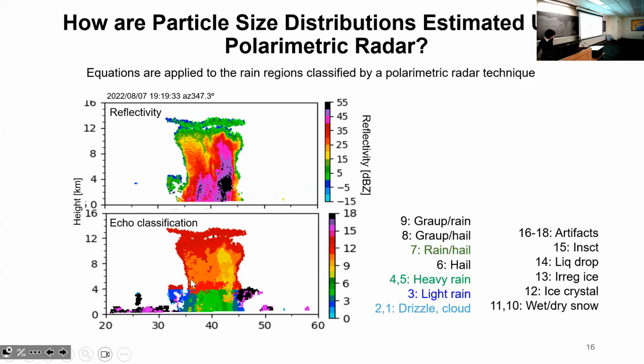For example, the red and yellow regions represent ice phases, including crystals, graupel, and hail. And the green and blue regions represent liquid phase like rain and drizzle. In this study, we applied the relationships to estimate D0 and NW in the liquid phase only, the green and blue area here.